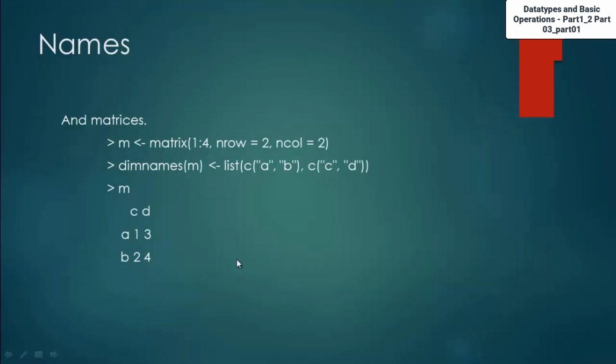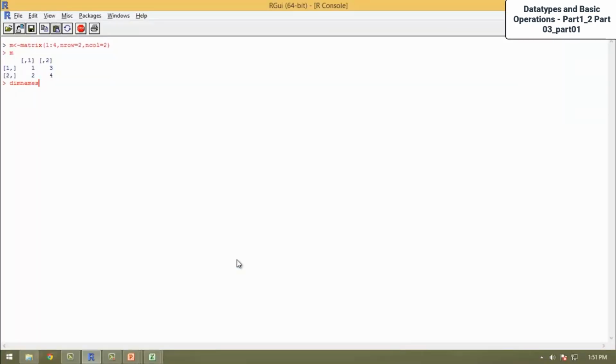And if you want to add the names A, B, C, D to each of the rows and columns, what you can do is dimnames of m. M denotes the matrix here, and you want to add a list of vectors which will be the names of the matrix.